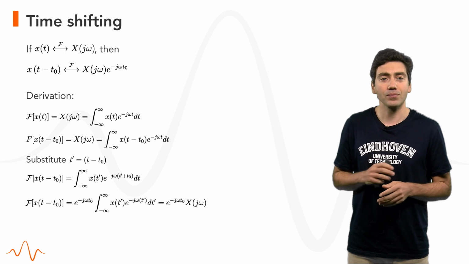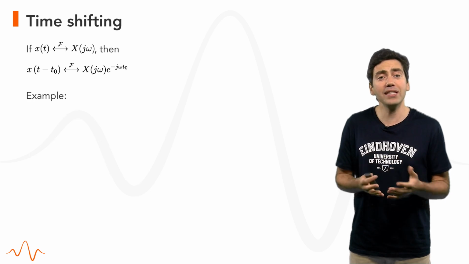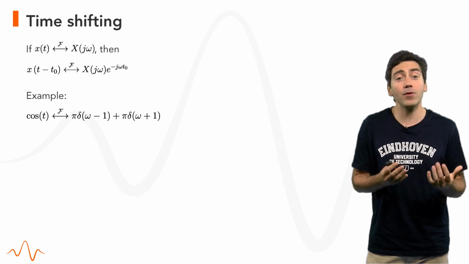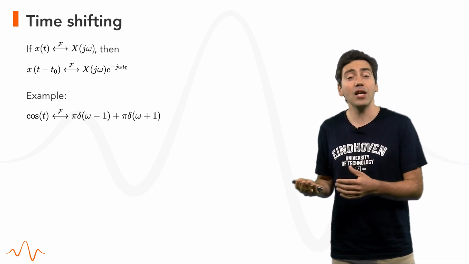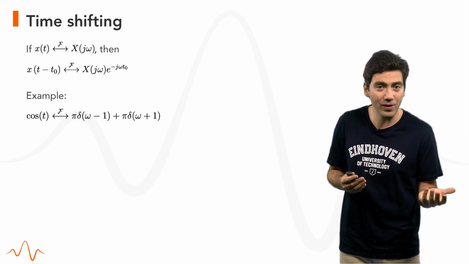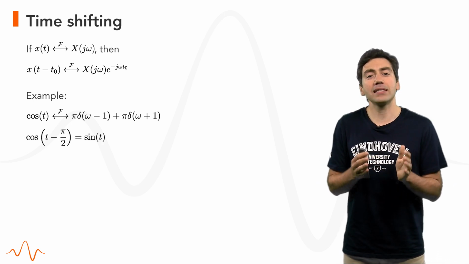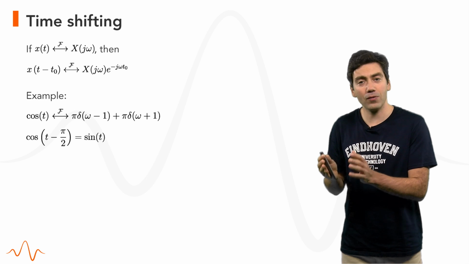Now, let us use this shifting property to derive the Fourier transform of a sine if we know the Fourier transform of a cosine. So, sine of t equals cosine of t minus pi over 2.